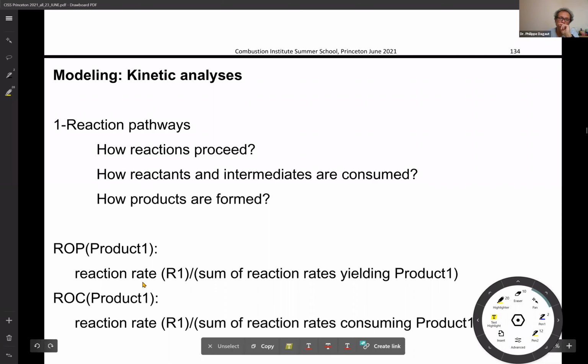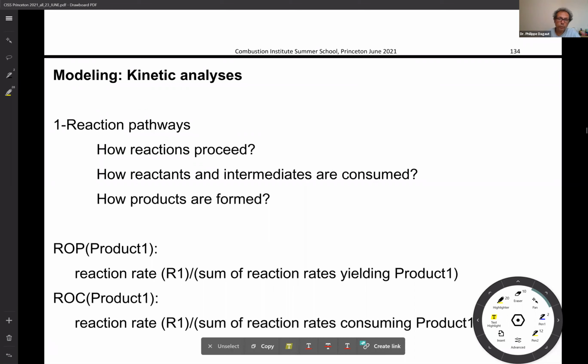The rate of consumption will be the rate of a given reaction divided by the sum of the reaction rates consuming product one. So then you can figure out what's the percentage, how important reaction one is compared to the others, and figure out what is the flux of species in the mechanism.